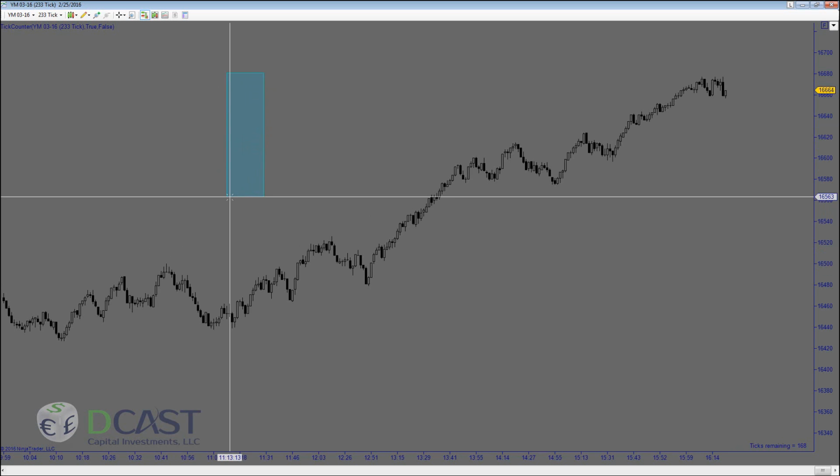This battle goes on every single candle, 24 hours a day, while the market's open. These battles are important because it helps us with our assessment of strength and weakness.